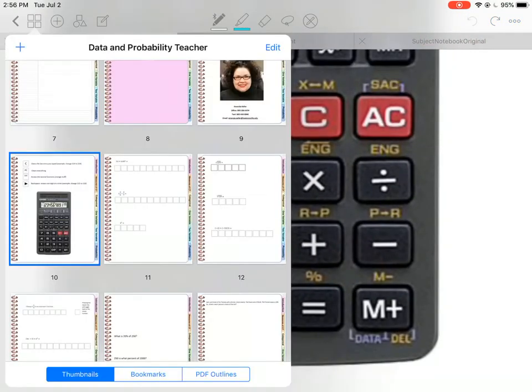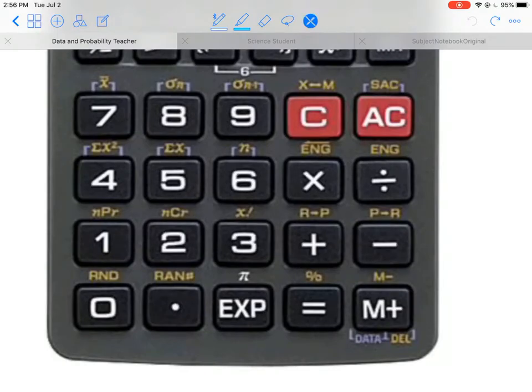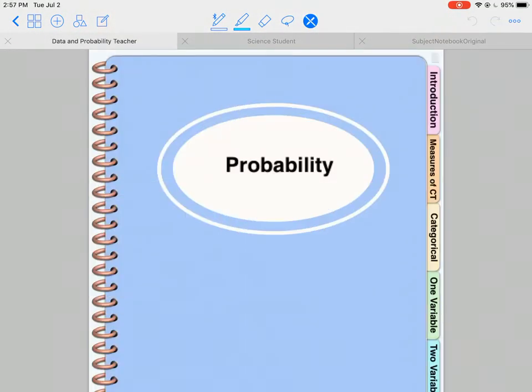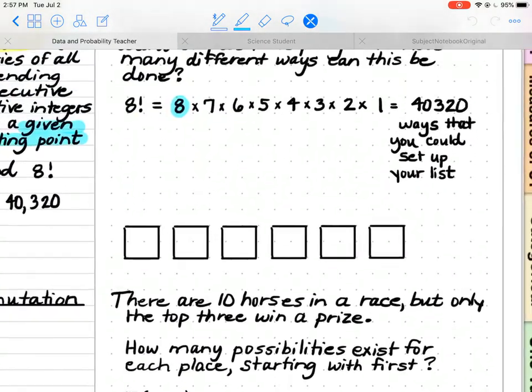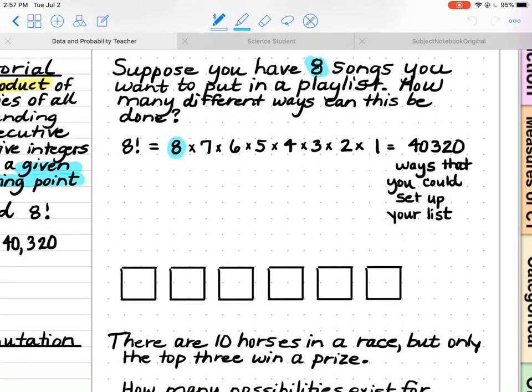So let me get us back to the page that I need to be on. Sorry, that was kind of a wild hair idea, but it's okay. Here's how we do this. To put 8 factorial into your calculator, we're going to first say all clear. And you put in the number 8 because that's your starting point. You shift because we're after the thing that is above 3, and press the 3.